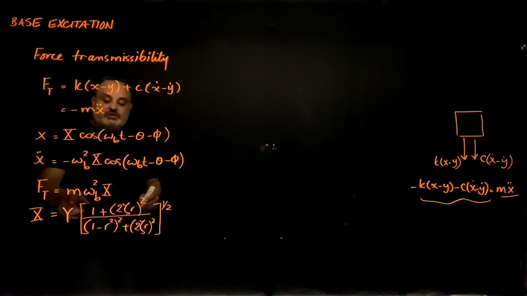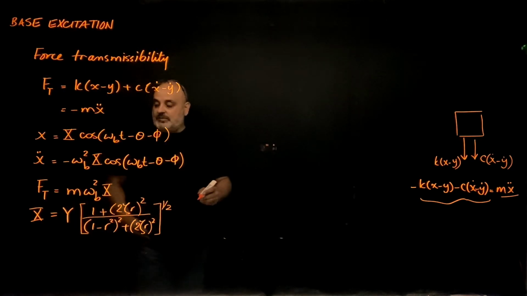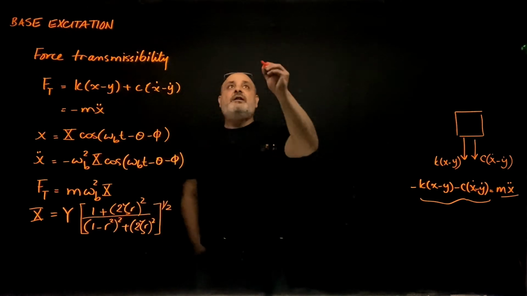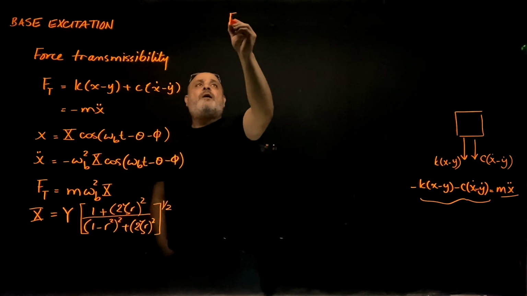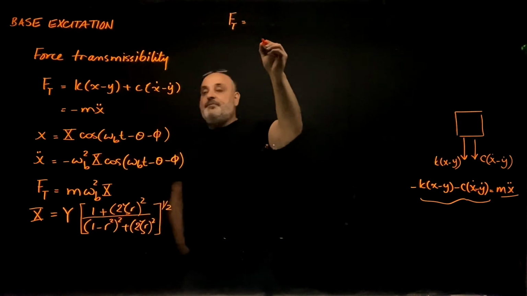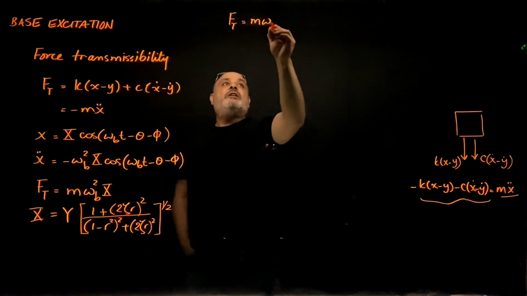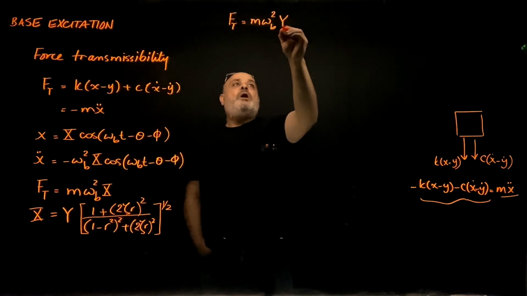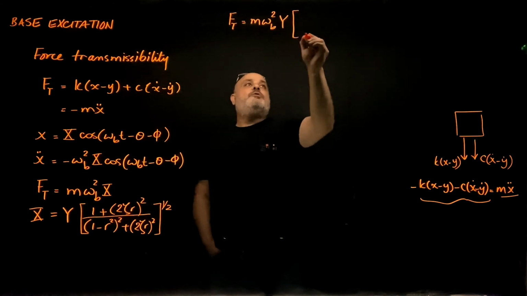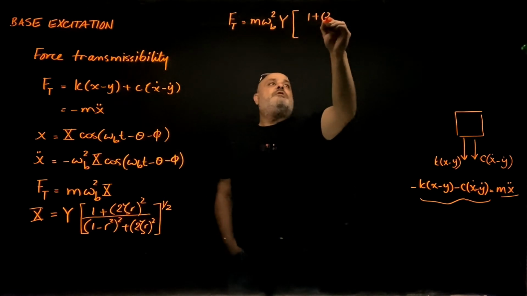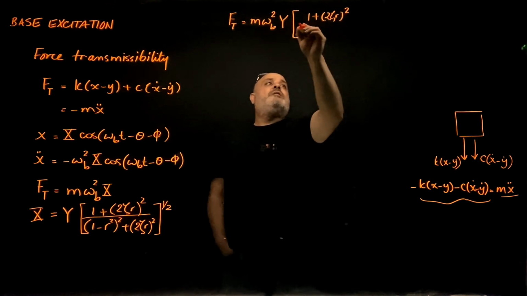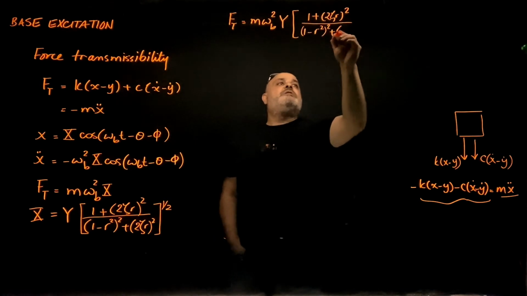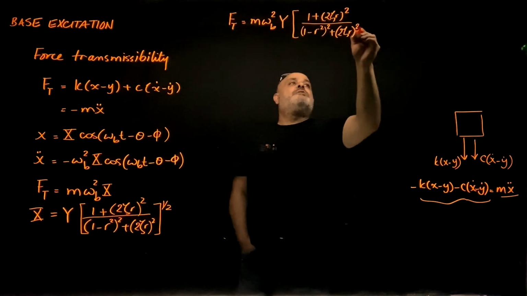So now substituting this into the force transmissibility, or the transmitted force actually, I will have F transmitted equal m omega b squared times Y times the square root of (1 plus (2 zeta r) squared) over ((1 minus r squared) all squared plus (2 zeta r) squared).